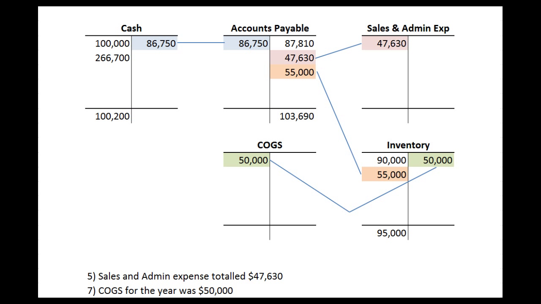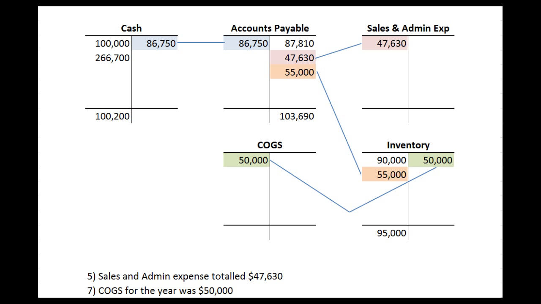We got rid of 50. That means if we didn't buy anything, we should have ended up with $40,000 as a closing balance. We didn't end up with that. We ended up with 95, which means how much inventory got brought in this year? 55,000. Bang on.